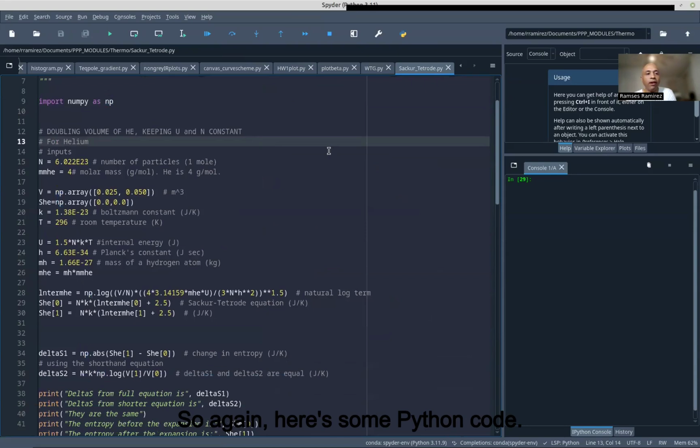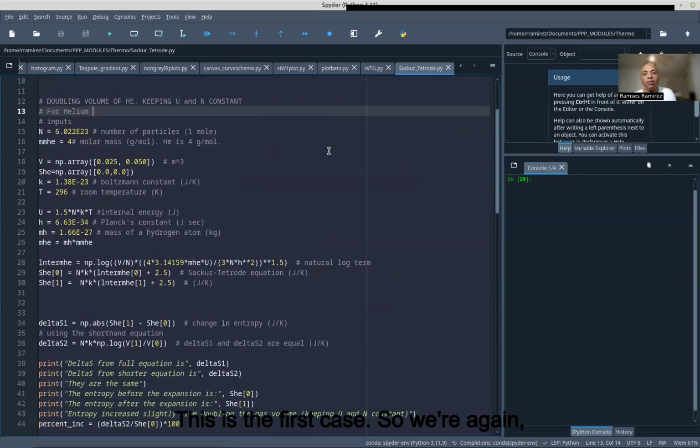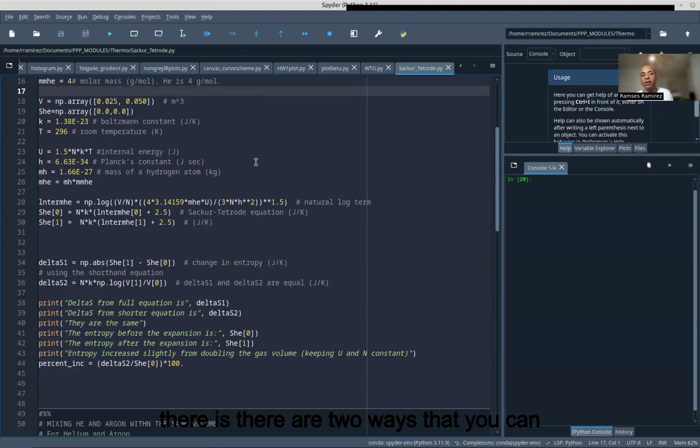So again, here's some Python code. This is the first case. We're assuming you have helium within a container, and we are allowing the helium to expand into a doubled volume, but keeping the amount of helium constant and keeping the temperature constant as well, the internal energy constant. There are 2 ways that you can calculate this.